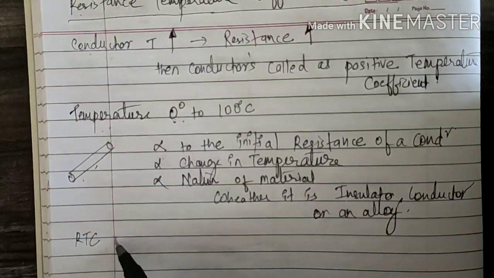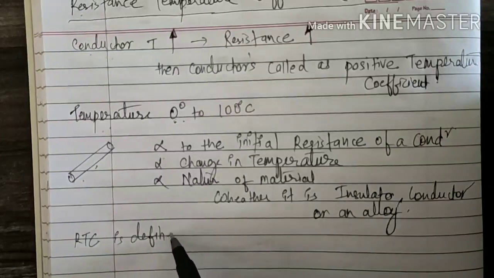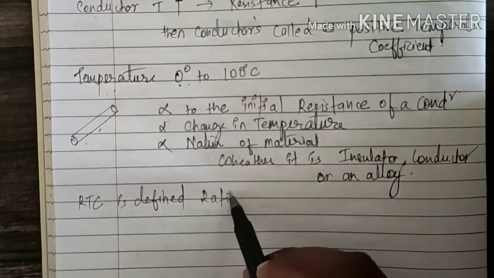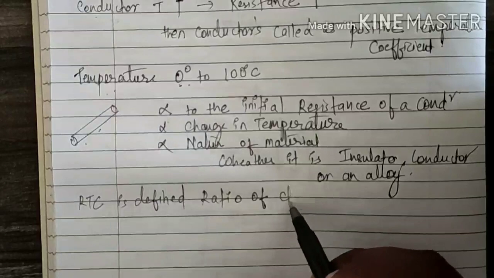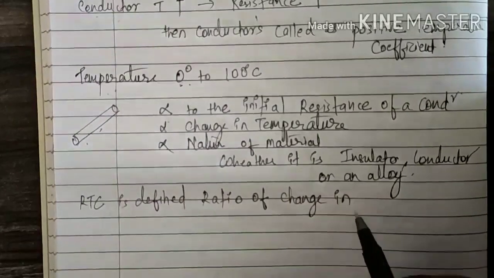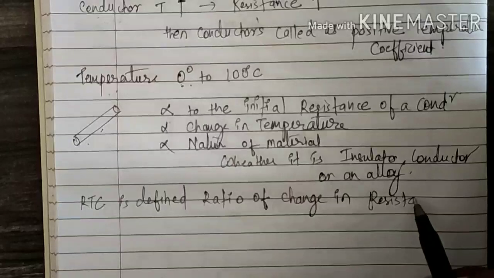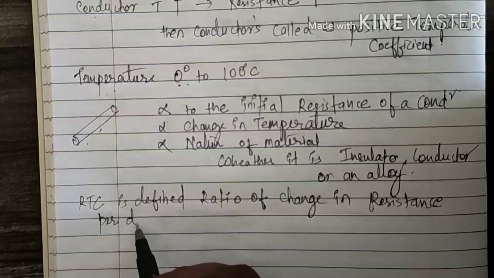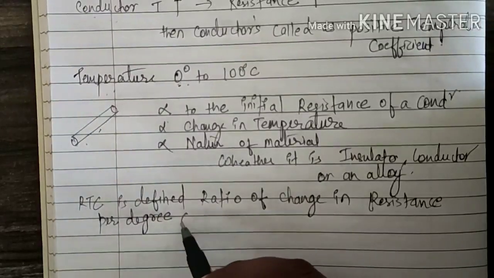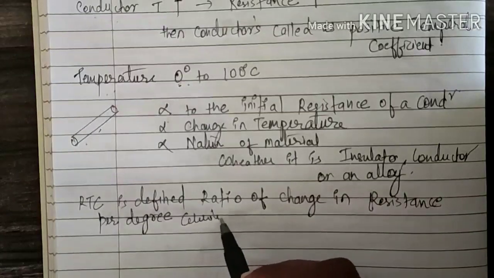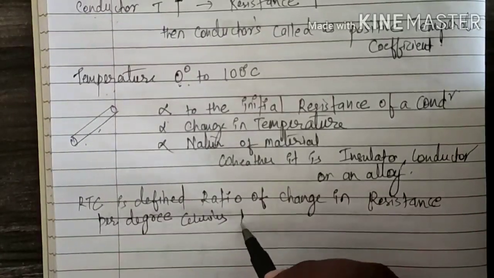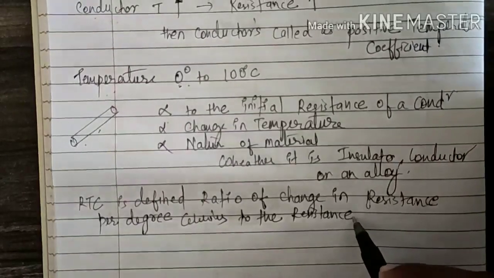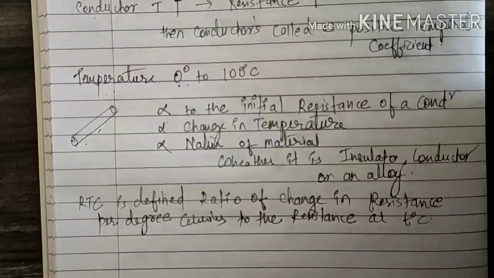So how is the RTC defined? It is defined as the ratio of change in resistance per degree Celsius to the resistance at T degree Celsius.